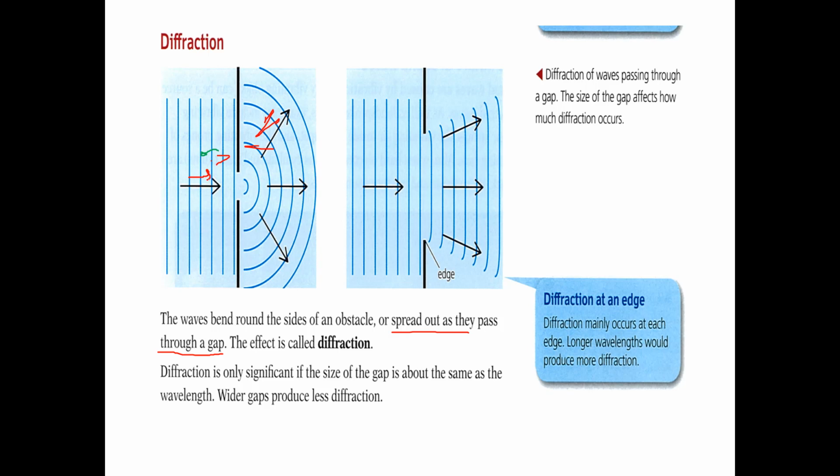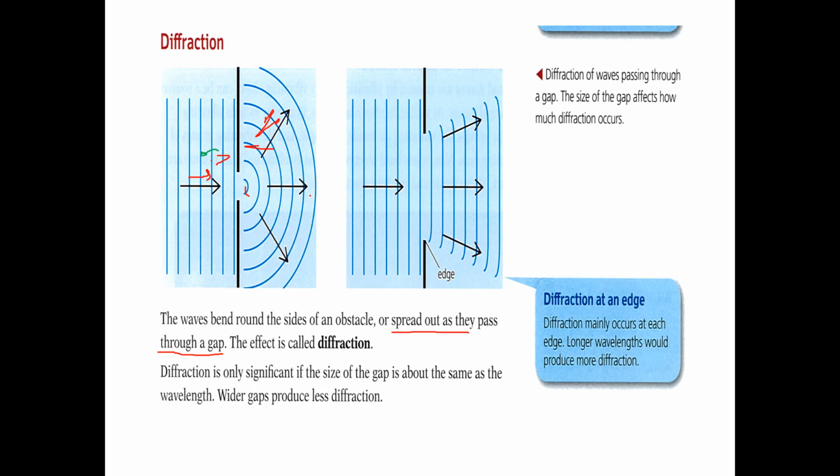The wave passes through what? It spreads out when it passes through a gap. Here it's the gap. When the wave passes through a small gap, what will happen to it? It will start spreading. Here also it's spreading, but it's not showing that much.